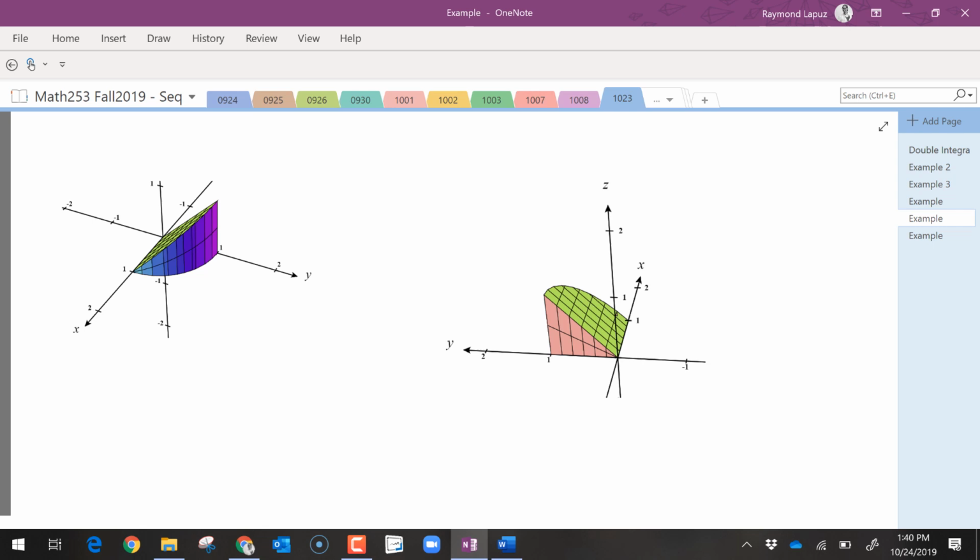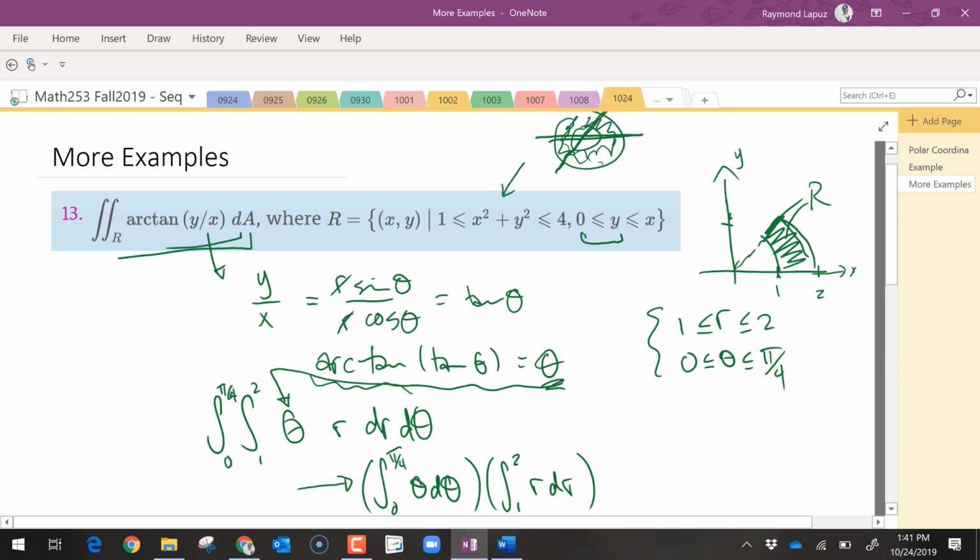What can you tell me about that volume that you're looking for if your surface is just the plane z is equal to 1? It's just going to be the area times 1, right? I mean, if you're in physics, and you're worried about units, then you'll have a cubic measurement. But it's still equal to the square area numerically. Okay, so I'll probably make that clear next time when we talk about the applications.